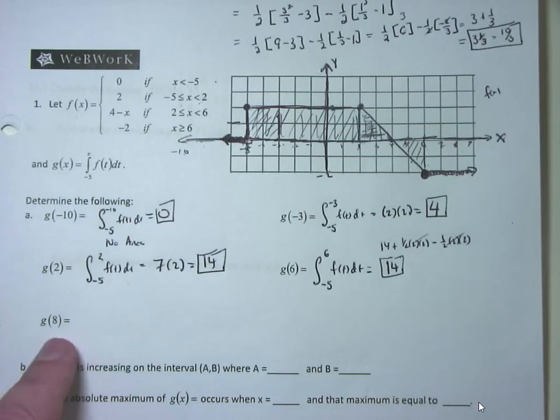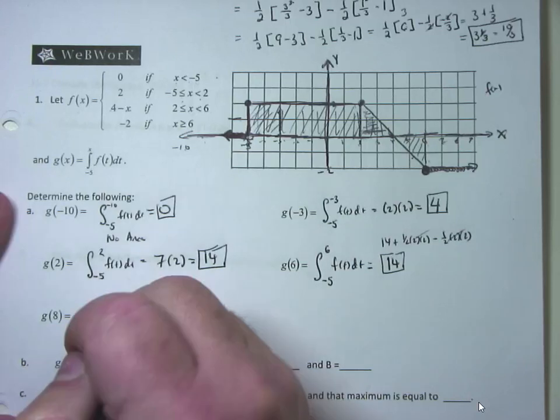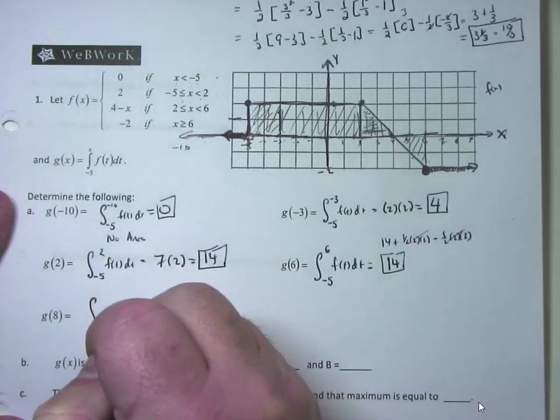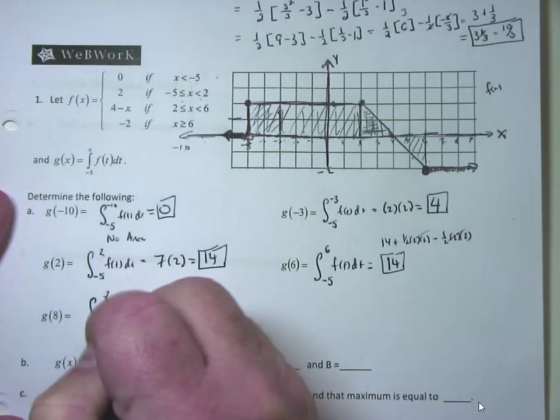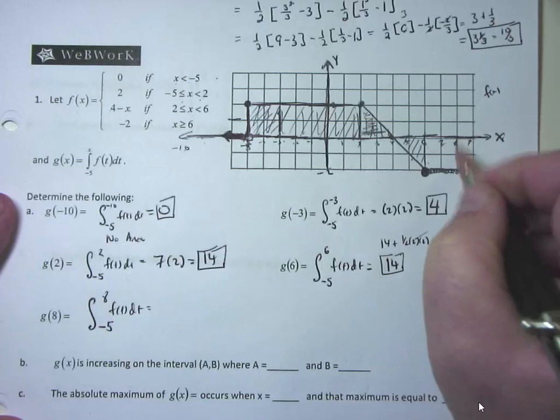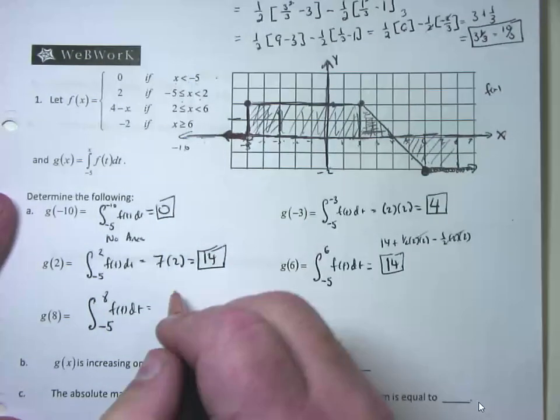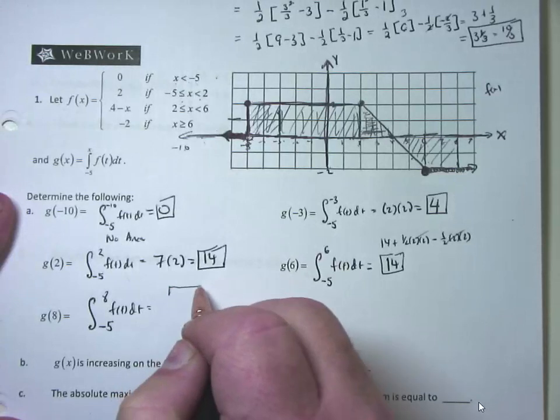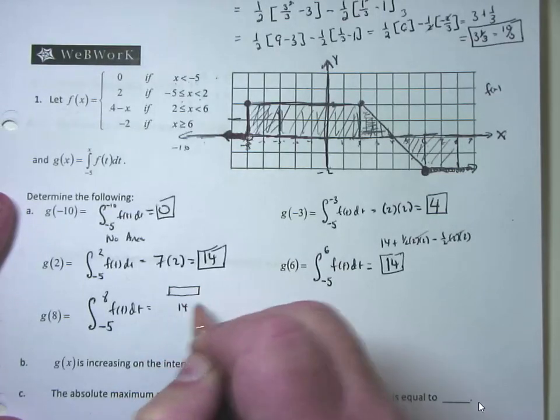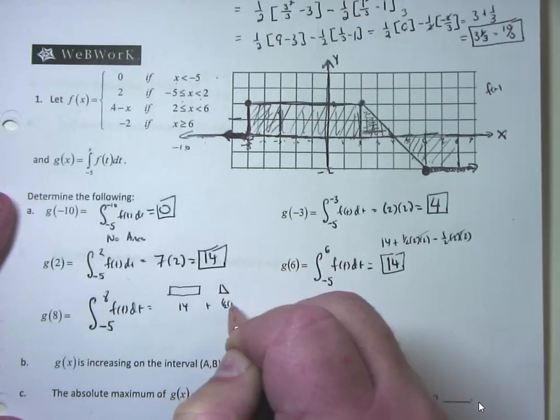So what is g of 8? That'll be the integral between -5 and 8 of f of t dt. 8 is located right here. So I've got how much? I'm going to put this in pieces here. I got this long piece right here, which is 14, plus I got this little triangle right here, which is 1/2 2 by 2.